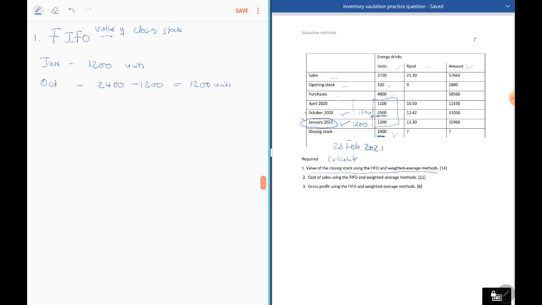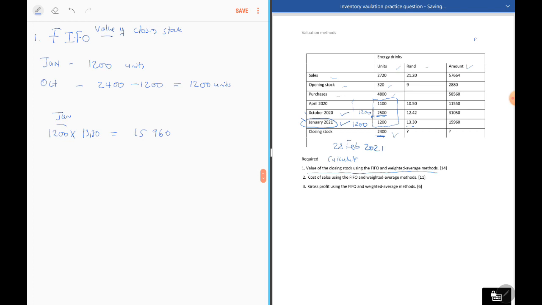Now to get the value of this closing stock, for January you multiply the 1,200 by the cost price, because it's FIFO, not weighted average. The price is 13.30, which gives you 15,960.